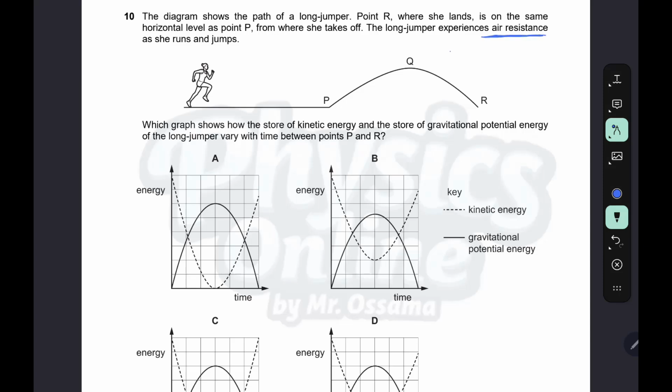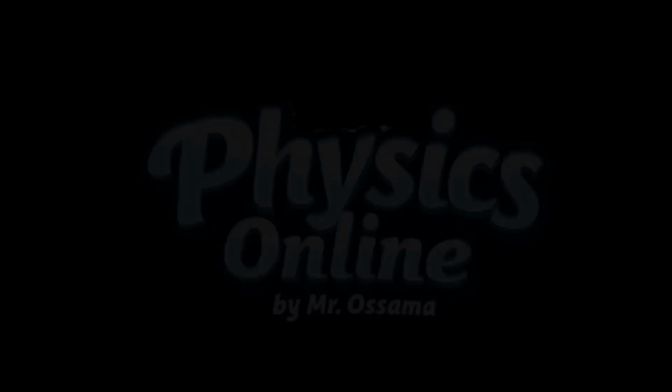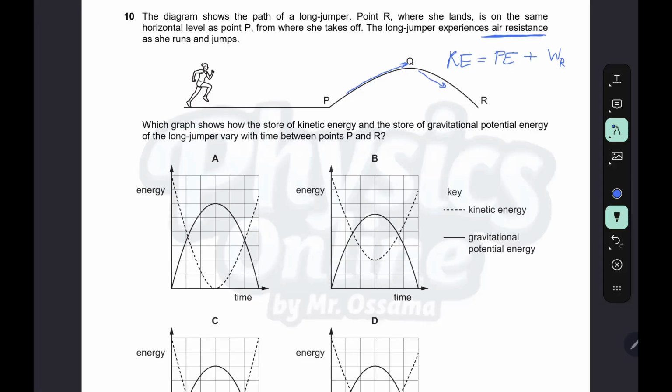So it means that kinetic energy changes to potential energy and work done against air resistance. So the kinetic energy gained from P to Q is transferred into potential energy and work done against air resistance.